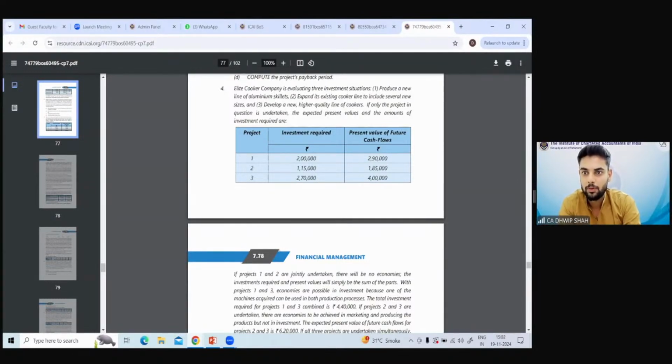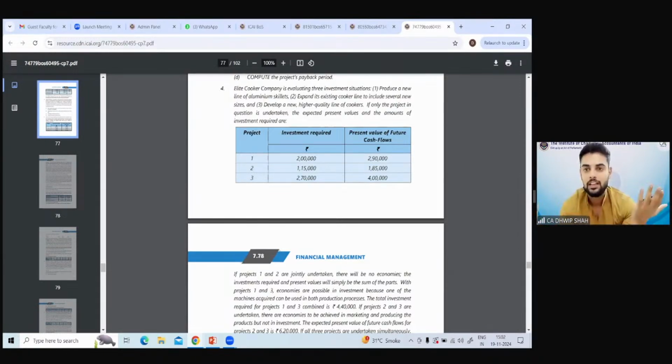If only the project in question is undertaken, the expected present value and the amount of investment required are as follows. So if only project 1 is taken, then my investment would be 2 lakh. And friends, see here they have provided us the present value of future cash flows. They have directly given PVCI. In all the other questions, they used to provide us just the amount of cash flows.